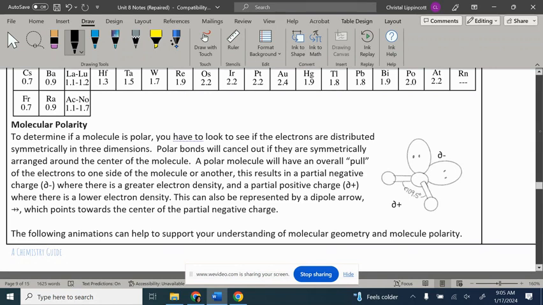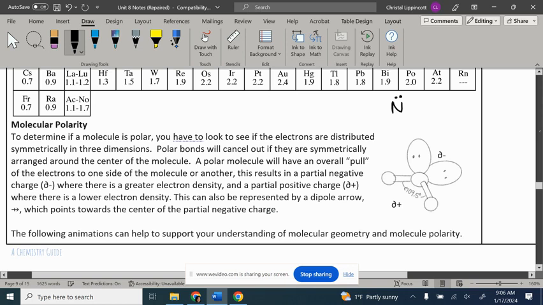What you have to do is look at the molecule to see how it's divided out in those 3 dimensions. When you're talking about any molecule, the first thing you're going to want to do is look at that central atom.